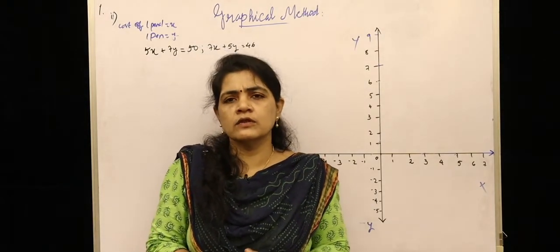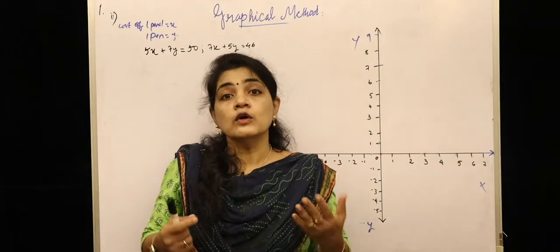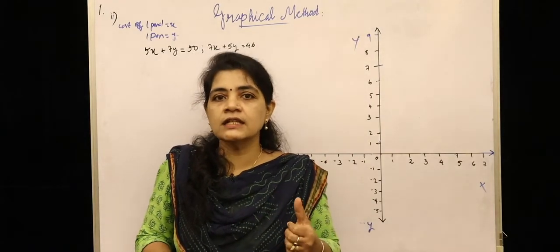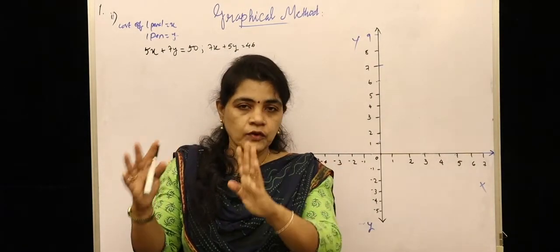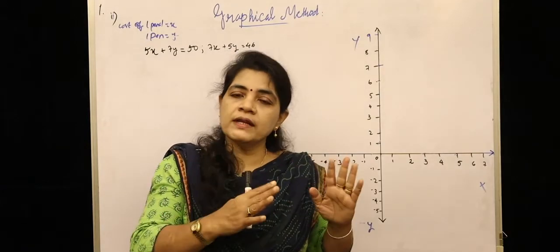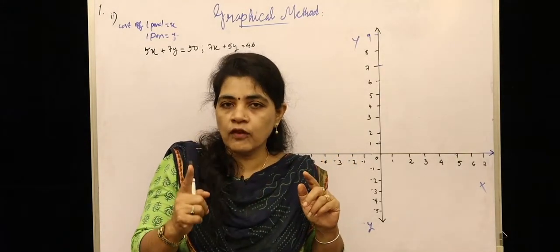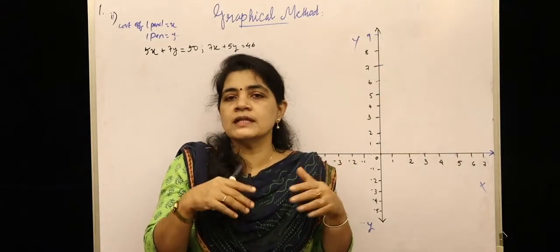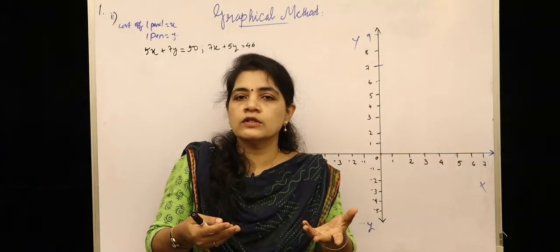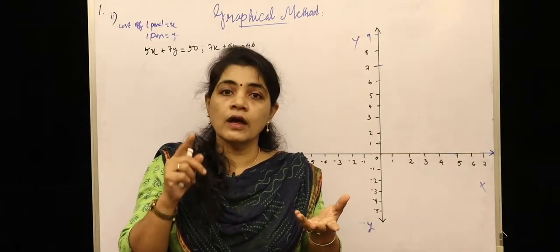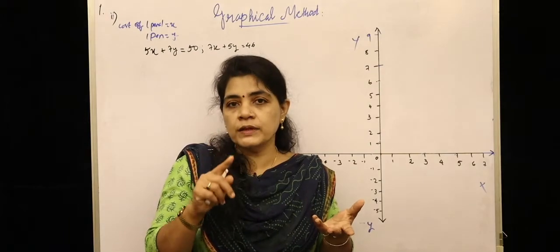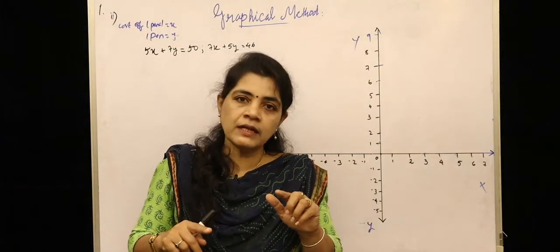It's a very simple question, children. Here also we have two cases. In the first case, we have rupees 50 for 5 pencils. If the cost of 1 pencil is x, then 5 pencils is 5x. And we have taken the cost of 1 pen as rupees y, so 7 pens means 7y.